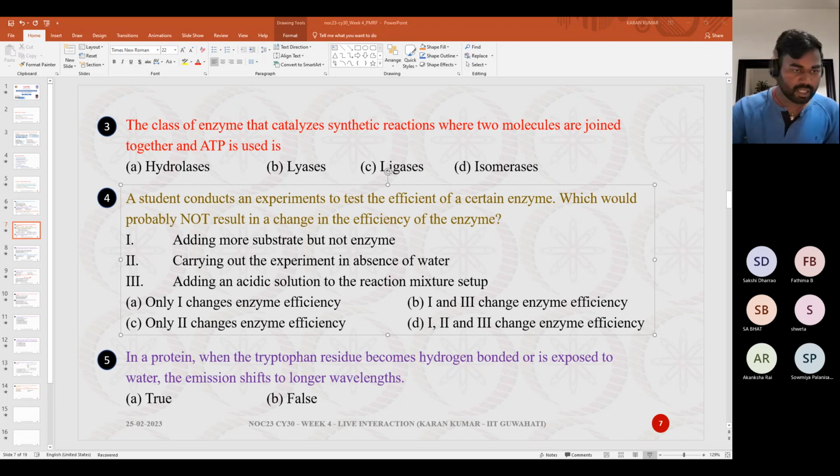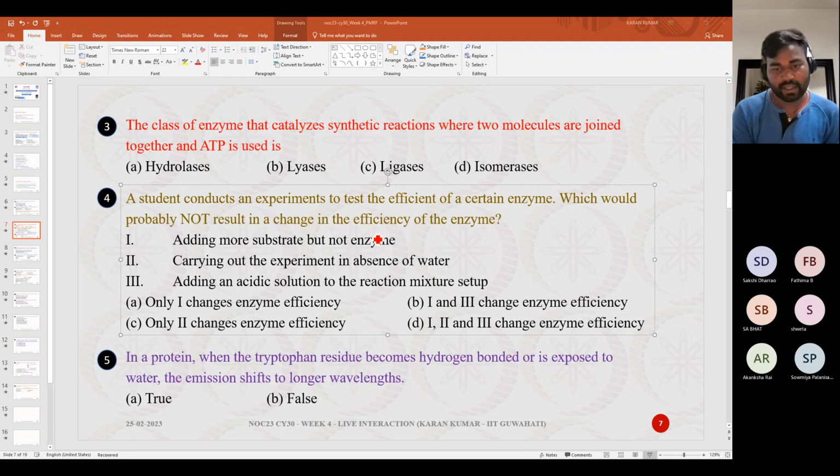If you are adding more substrate but not enzyme, what will happen? I think efficiency will not change with the addition of substrate, because the enzyme will continue to make the product from whatever substrate it has available. The addition of more substrate will not change anything, because the enzyme will only be able to convert that much substrate. I hope I have made my point clearly.